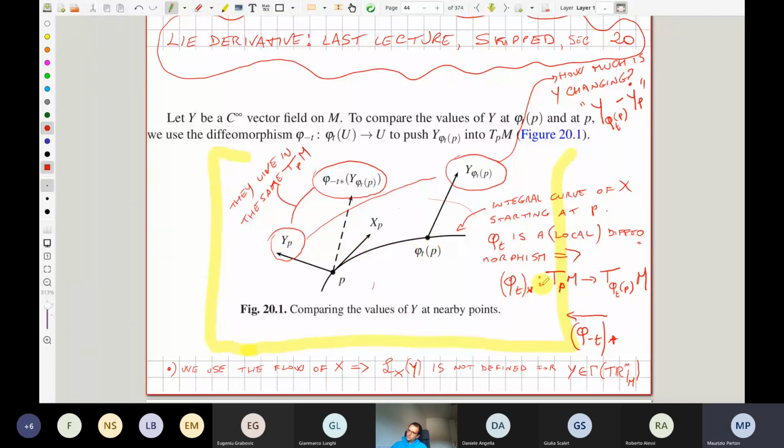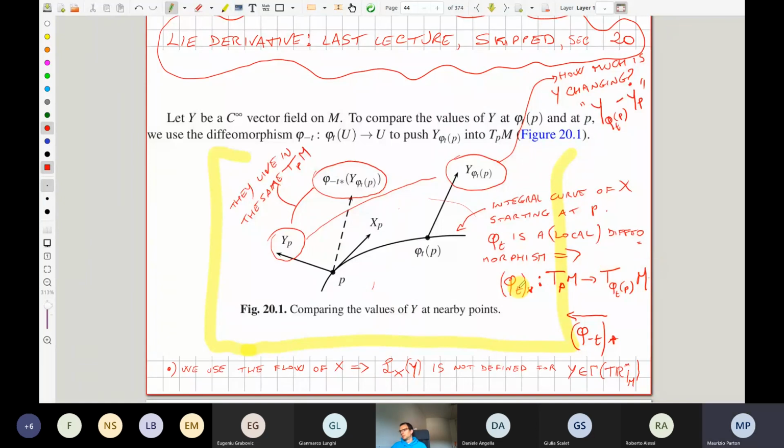So we can take the induced map on tangent spaces, assuming you remember that if I have a map between two manifolds, then there is an induced local map, the first order approximation, from the tangent space to the tangent space. And this means that this is a way of comparing the two tangent spaces.